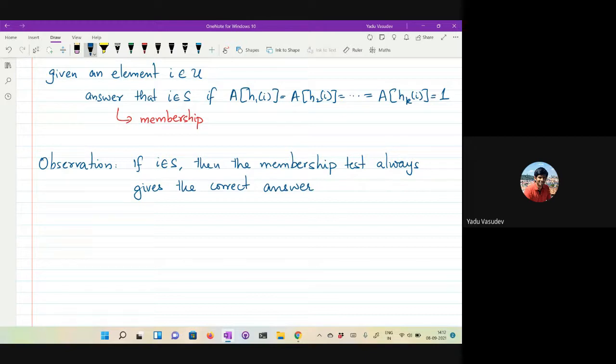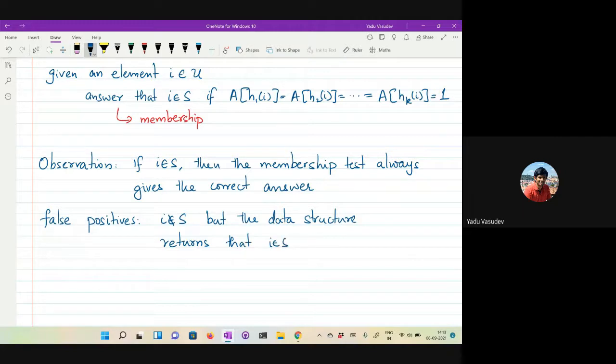So the only way there can be an error is what are called false positives, which is that there is an I that is not in S, but the data structure returns that I is in S. These are the only sort of errors that you will incur in this data structure.